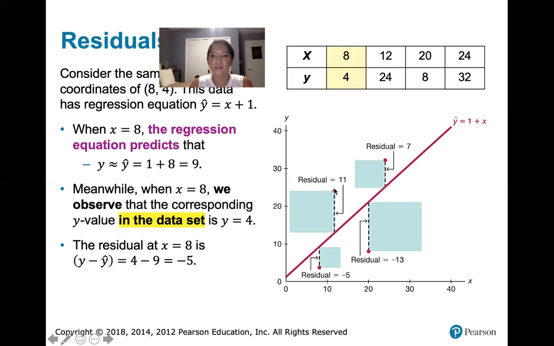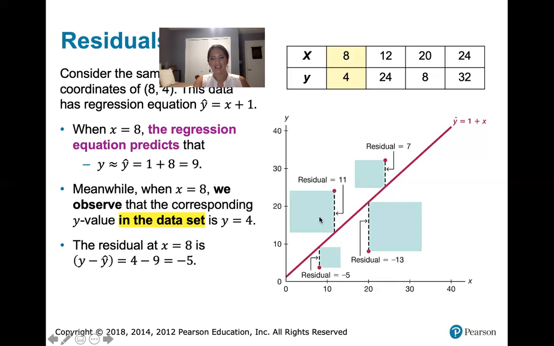So the difference between the Y value of 24 that we actually see and the Y value of 13 predicted by our model is this distance. Since it's above the line, that residual is positive. The Y value minus Y hat is 24 minus 13, which gives us a residual of 11.